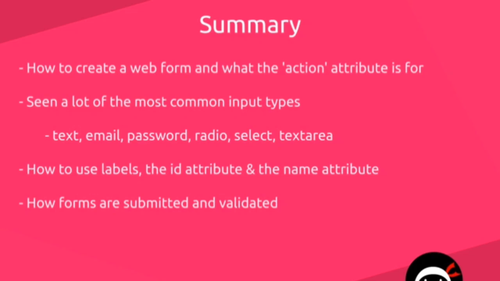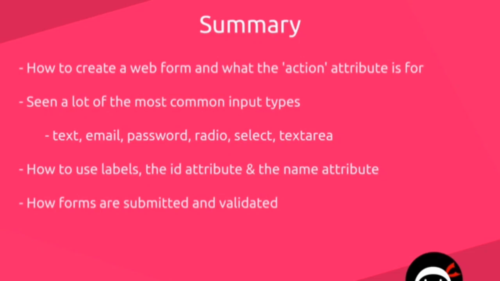So we've seen how to create a web form, and we know now what the action attribute on that form tag is for. Even though we've not used it ourselves, we kind of understand why it's there. It's to do with server-side processing of the form data. We've also seen a lot of the most common input types inside forms, things like a text field, email, password, radio, select, and a text area.